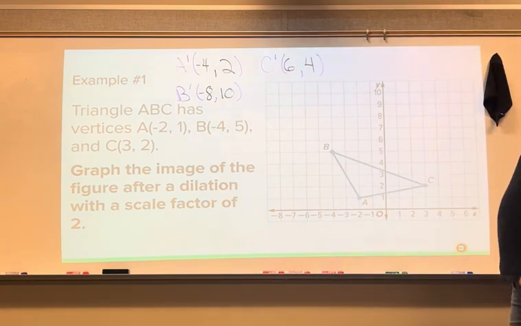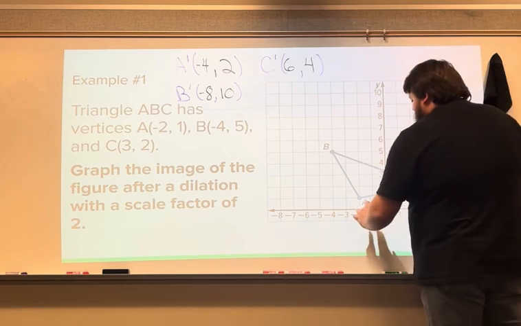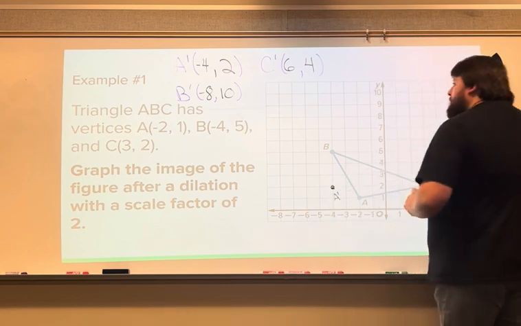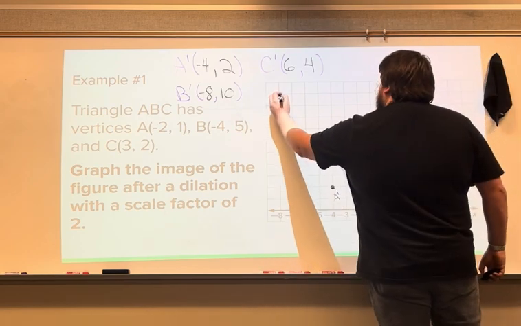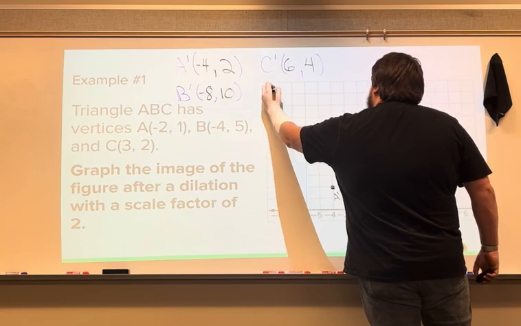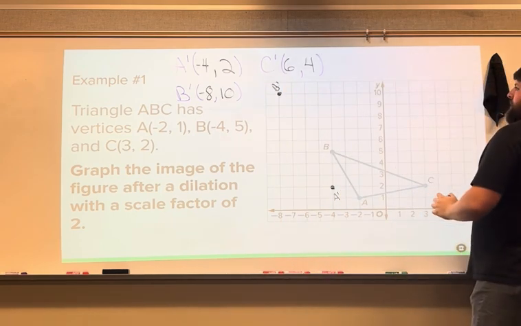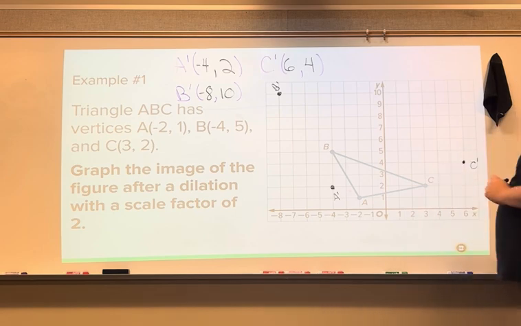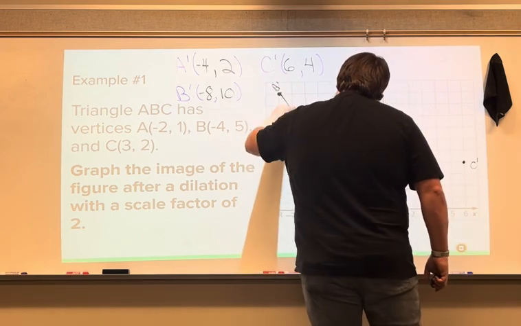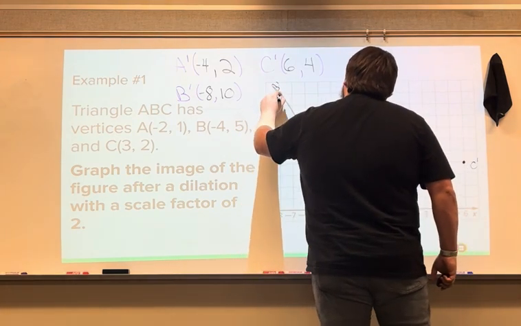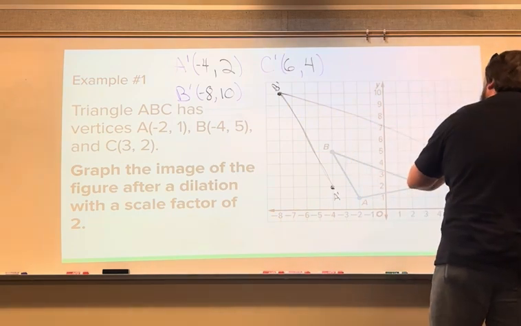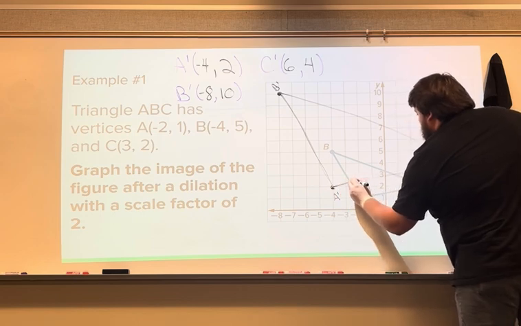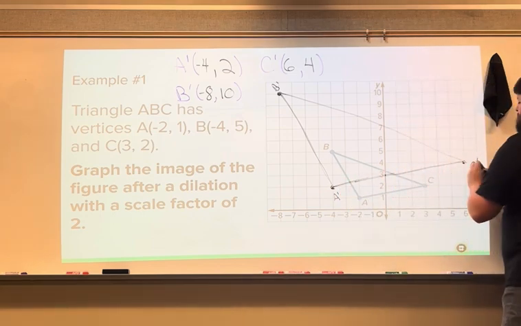Okay? So I take that, I go ahead and graph it. So I have -4, 2. That's going to give me A prime. B is now at -8, 10. So that's B prime. And C is now at 6, 4. So that is C prime. So as you can see, if we graph this triangle, which we're going to here, okay, we end up with a much, much larger triangle than what we began with, okay?